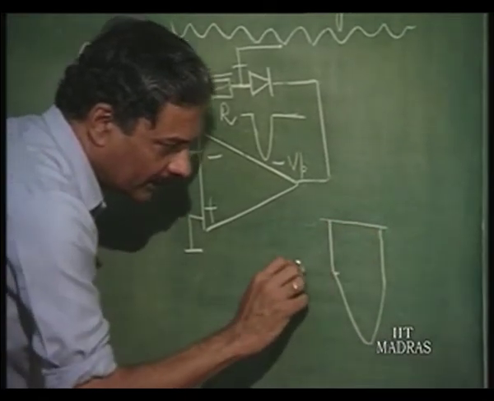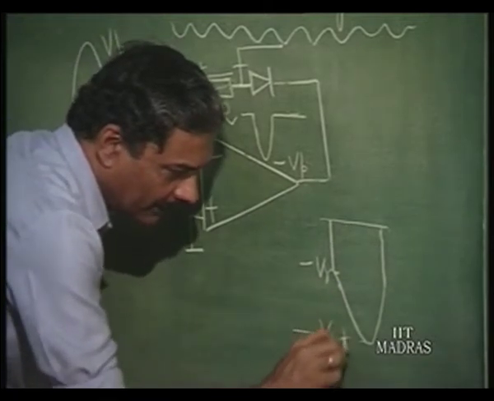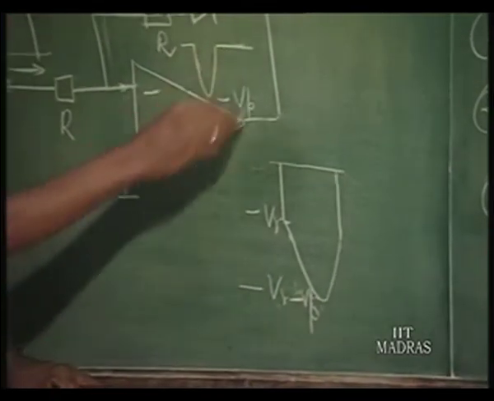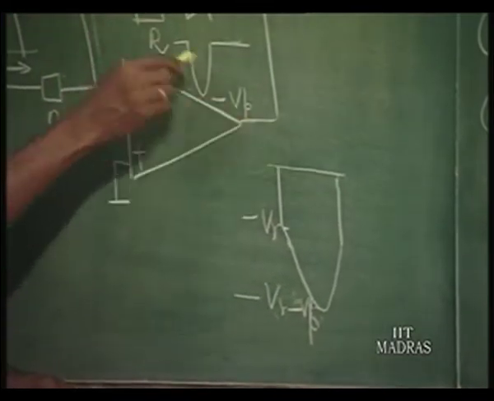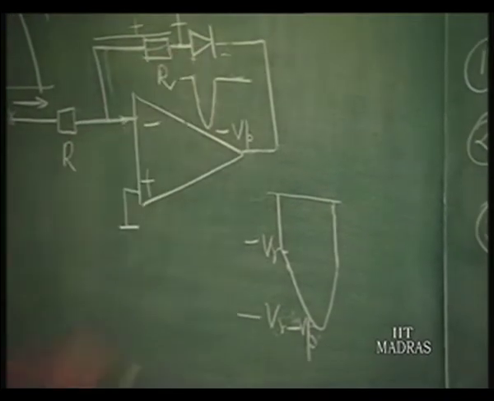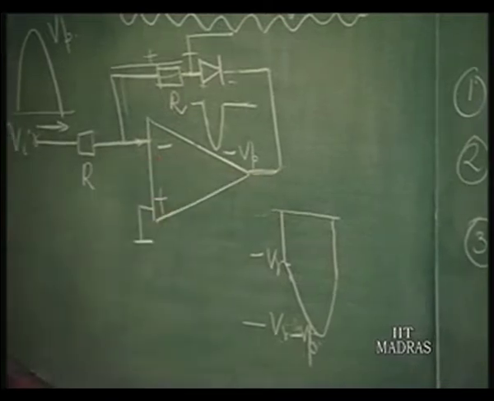So, this is minus V gamma and this is minus V gamma plus minus Vp. So, that this particular point is going to have in addition to this voltage, okay, the diode voltage here, which is minus V gamma. So, this is not what you should take.